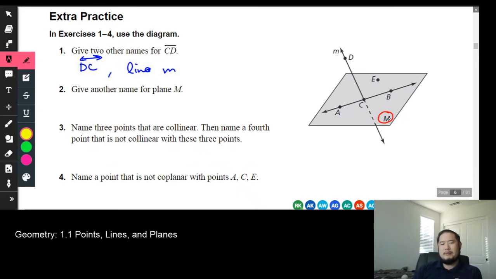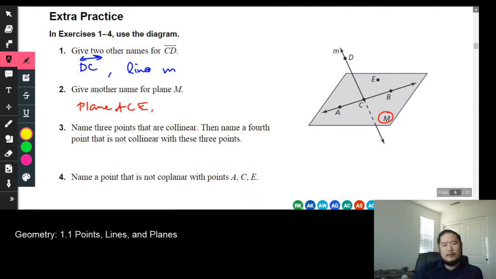That tells you what the label is. Don't forget, 3 points make up a plane, 3 non-collinear points. So what you cannot say right here is plane ABC or plane ACB. That you cannot do. What we can say is plane ACE.